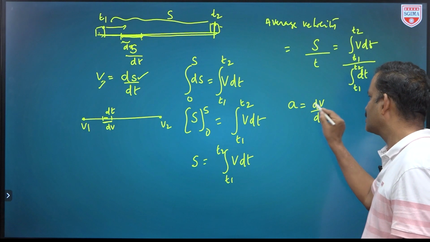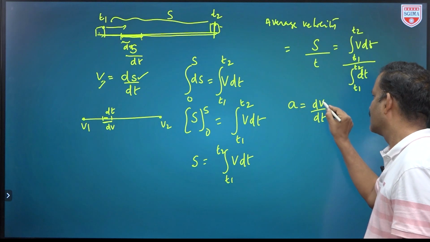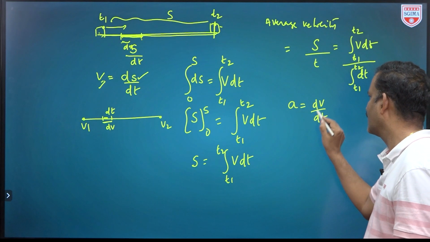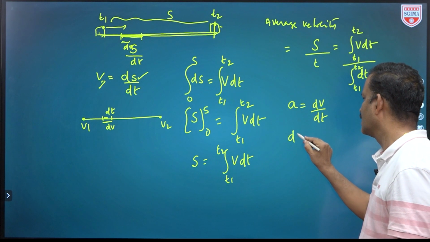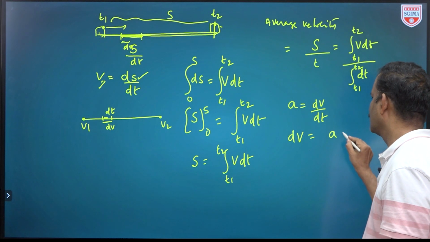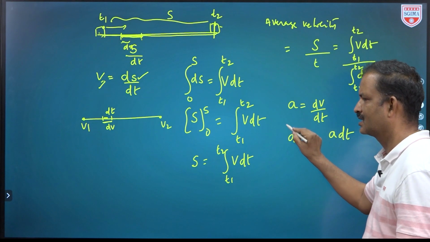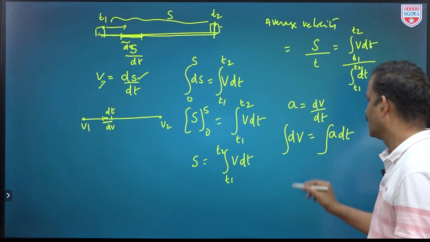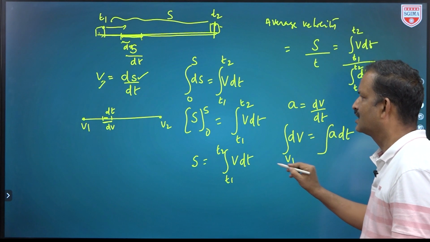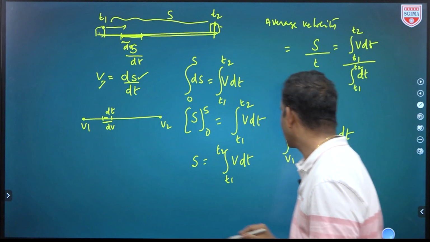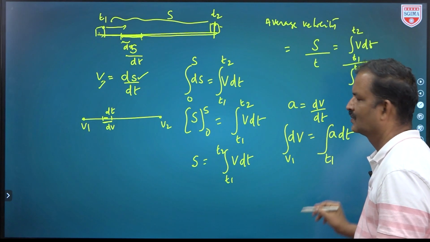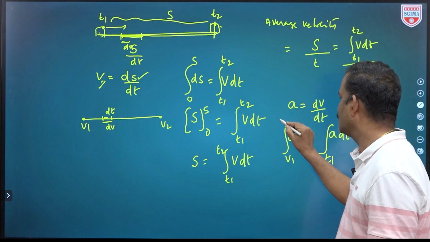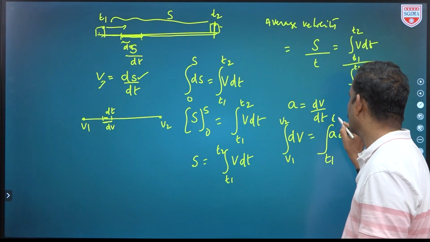Now, once you know the acceleration dv by dt, then dv is a into dt, and if you want to find it out, you have to do integration. Initially the velocity is v1 at time t1. Velocity is v2 at time t2.